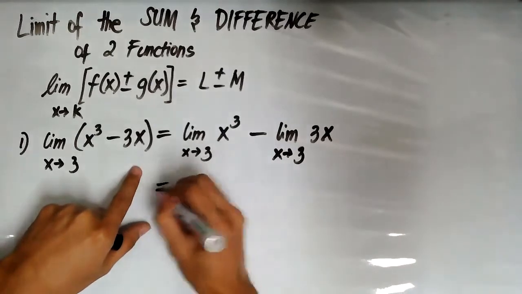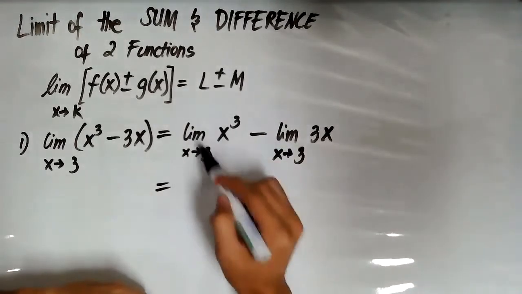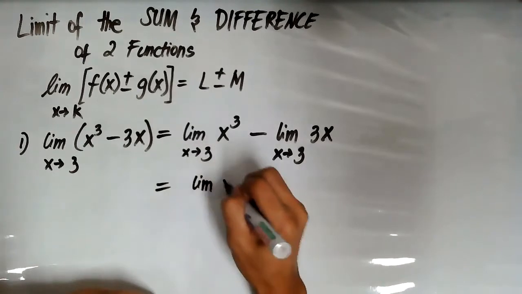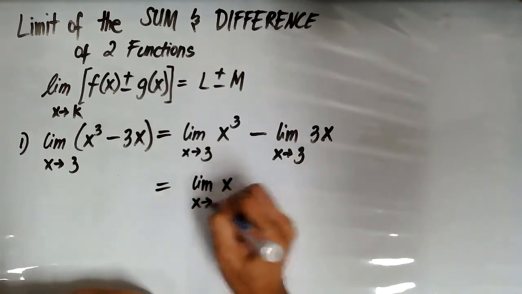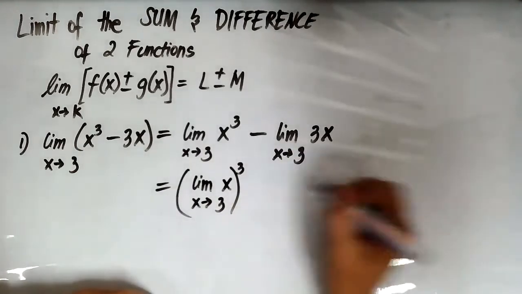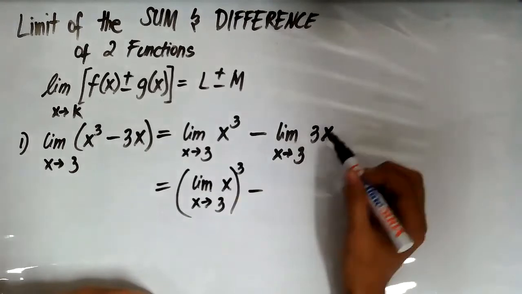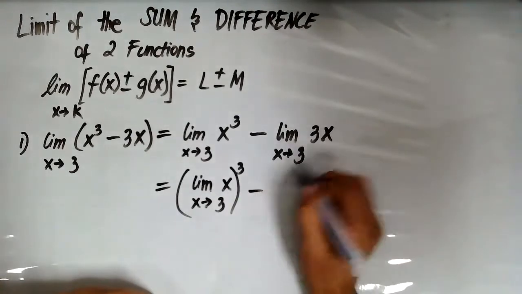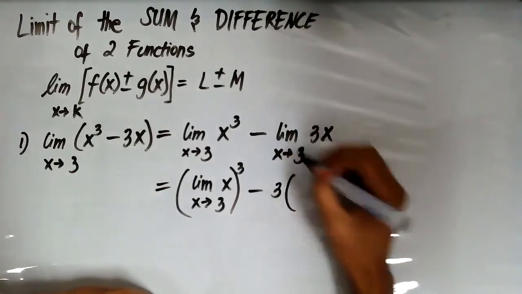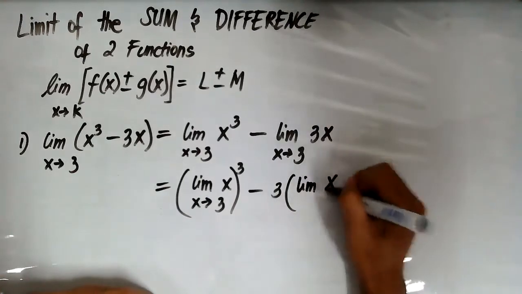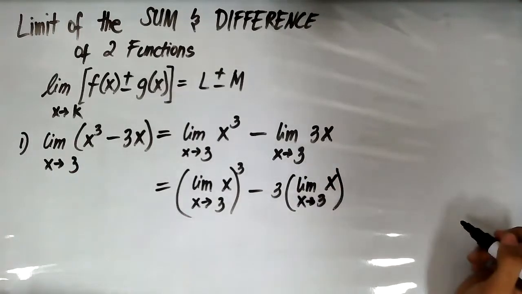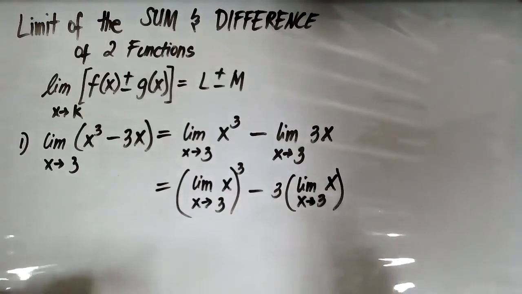So by using the limit of the power of a function here, we first get the limit of your function x as your x approaches 3 before you raise it to its exponent. Minus, this will become the limit of the constant multiple. You just get the constant. So the constant here will be equal to 3 times the limit of your function x as your x approaches 3. All right. So we're getting their individual limits.